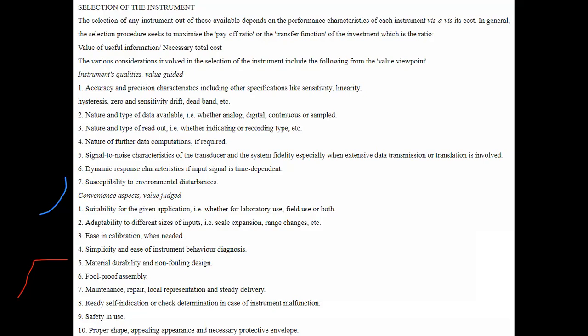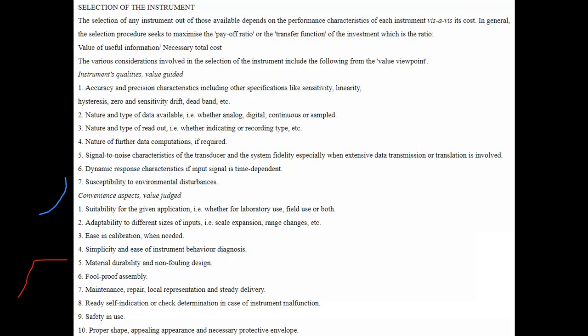Third, nature and type of readout, that is whether indicating or recording type, etc. Fourth, nature of further data computations if required. Fifth, signal to noise characteristics of the transducer and the system fidelity, especially when extensive data transmission or translation is involved. Sixth, dynamic response characteristics if the input signal is time dependent. Seventh, susceptibility to environmental disturbances.